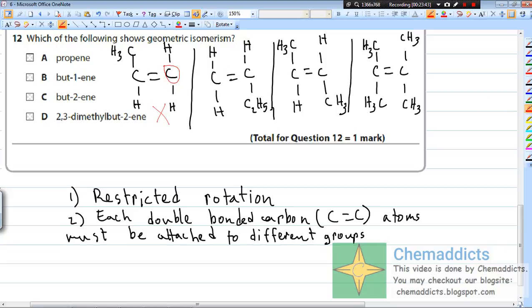If we look at this molecule here, it has two hydrogen atoms attached to this double bonded carbon atom, so geometric isomerism is not possible for this molecule either. If we look at this molecule here, each of the double bonded carbon atoms is attached to different groups.